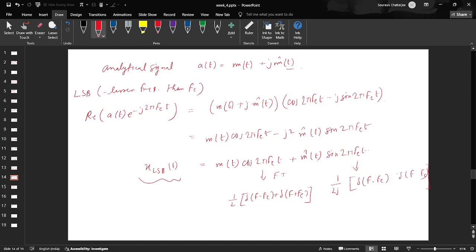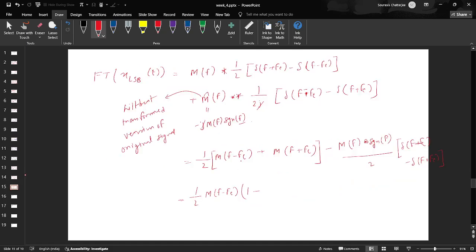Yep, it should be f minus here, f plus here, and here should be minus. Fine. So now we have M(f−fc) common, we have 1, and from here minus sin(f−fc), because it was convolution.